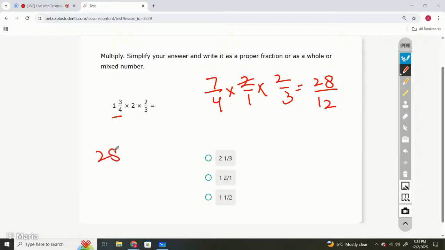So 12 times, we need to divide, 12 times 2 is 24. So 28 minus 24 is 4. That is 2 whole 4 over 12.